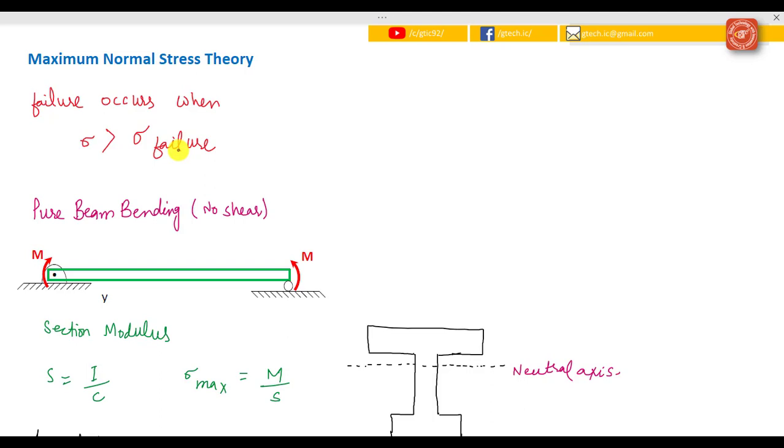For pure beam bending, the section modulus is I over the distance to the extreme fiber, that is c, and so sigma max is equal to the moment experienced over the section modulus.